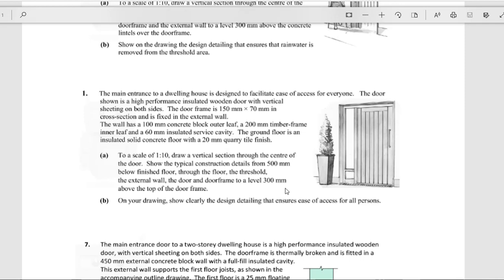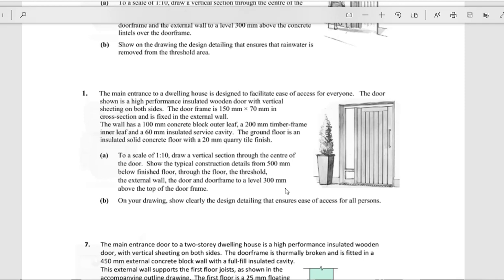The door frame is 150 by 70mm in cross section and is fixed to the external wall. The wall is 100mm concrete block outer leaf, and then it's got a 200mm timber frame inner leaf and 60mm insulated service cavity, which is on the inside.